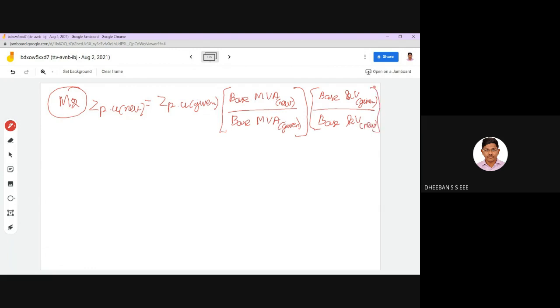If you're referring to some textbooks, these notations will vary, but if you have this kind of notation, it will be easy for you to remember.